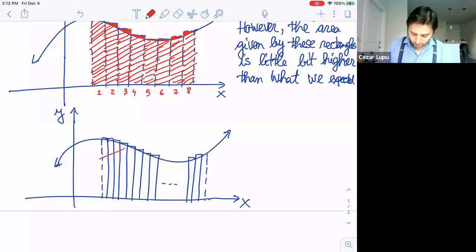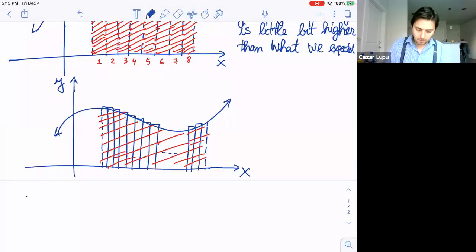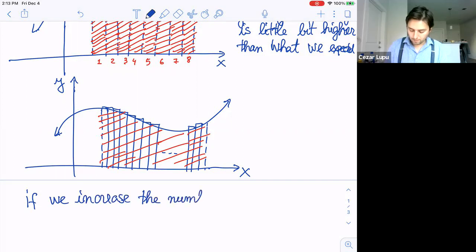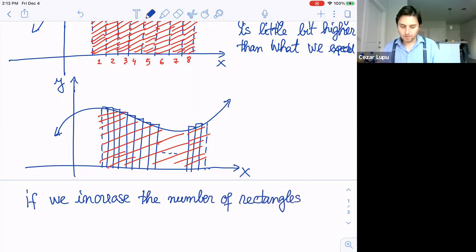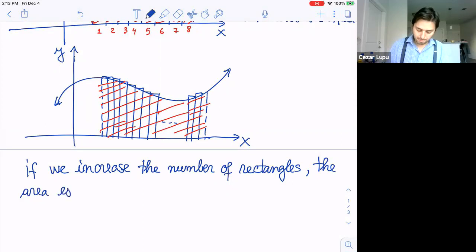We can say that if we increase the number of rectangles, the area estimate is improved.